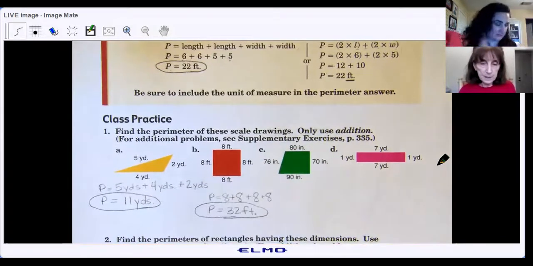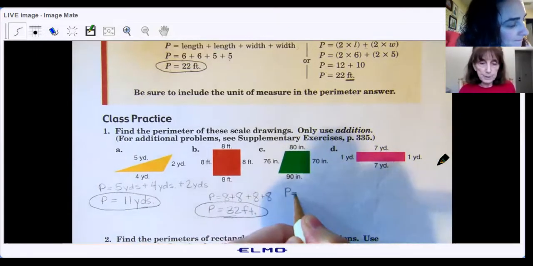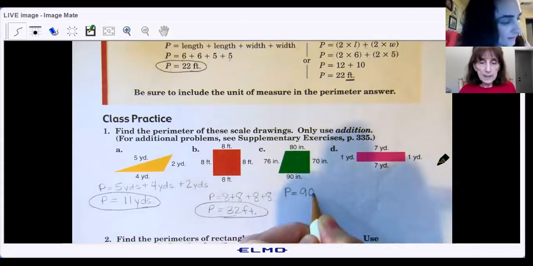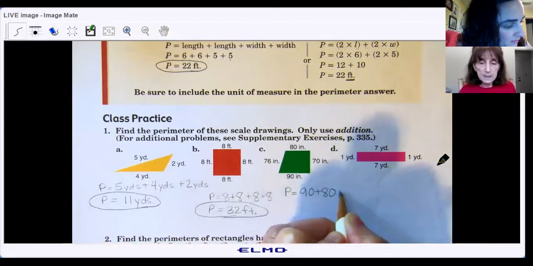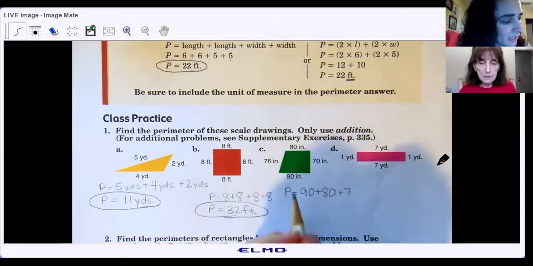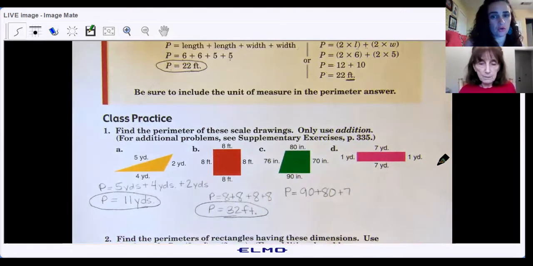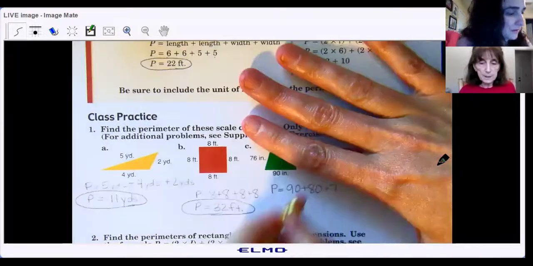All right, let's look at this one. We have 90 inches. Perimeter equals 90 inches plus 80 inches plus 76 inches. Maybe we should go vertical when we're doing 2 digits, don't you think? Yeah, it might be easier.